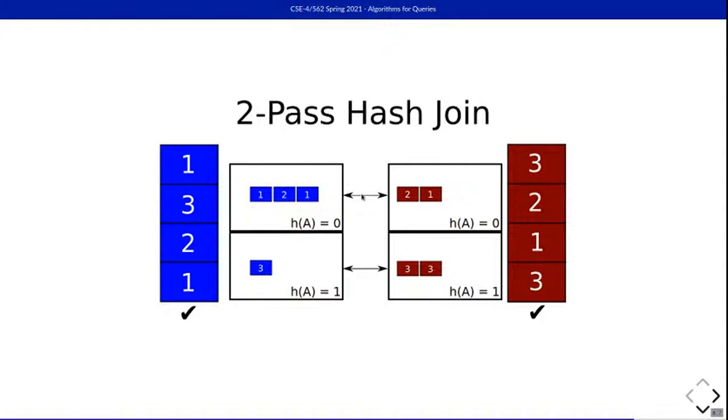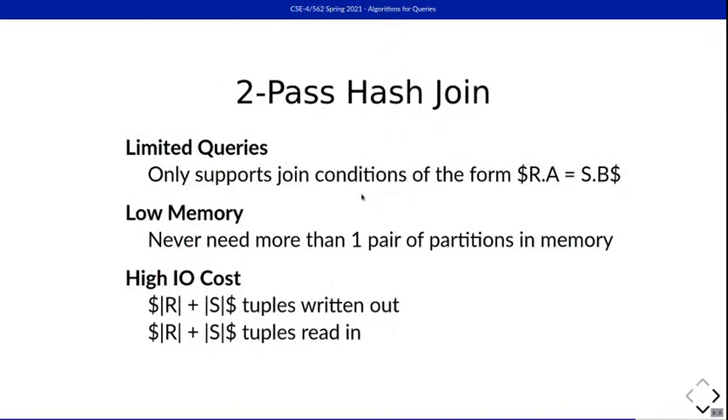So we can throw those back out, load in the next bucket, join all of those tuples, and again, we're done. The major advantage here is that this is not going to require as much memory, because we only ever need to load in one pair of partitions at a time. But it does have a much higher I/O cost, because now we need to write all of the tuples out and then read them back in.